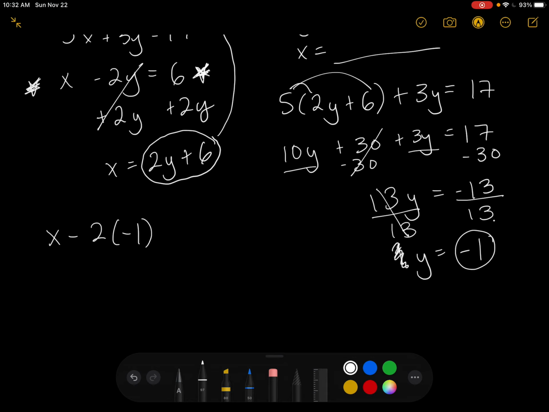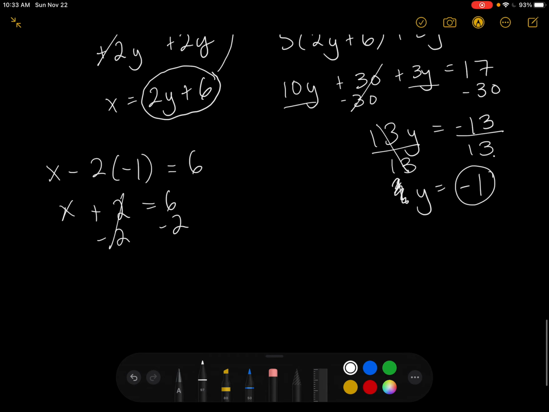So I know what y is now. -2 times -1 would give me +2. So x equals 4. So my answer then is the point 4, -1.